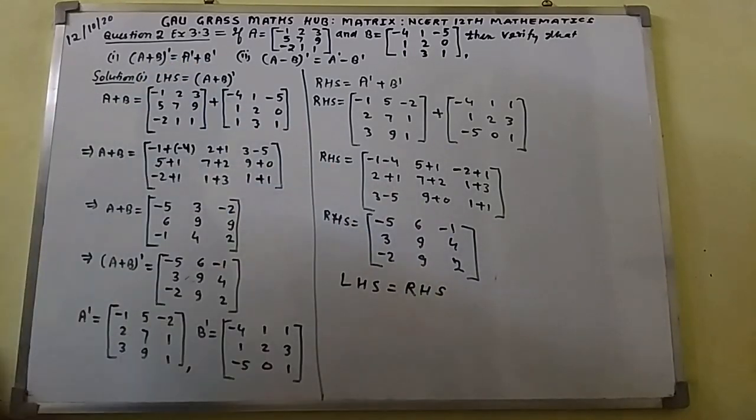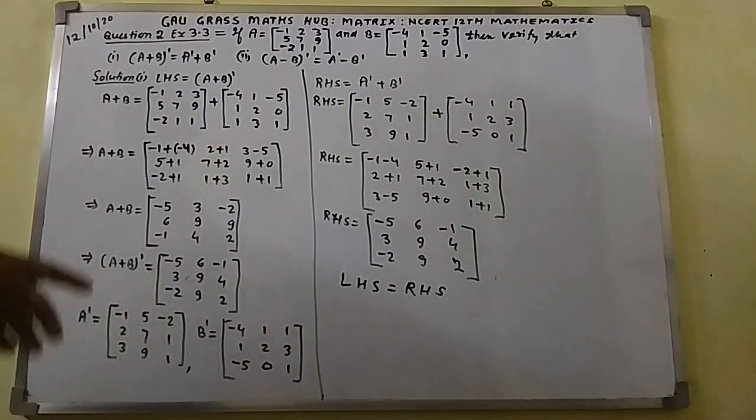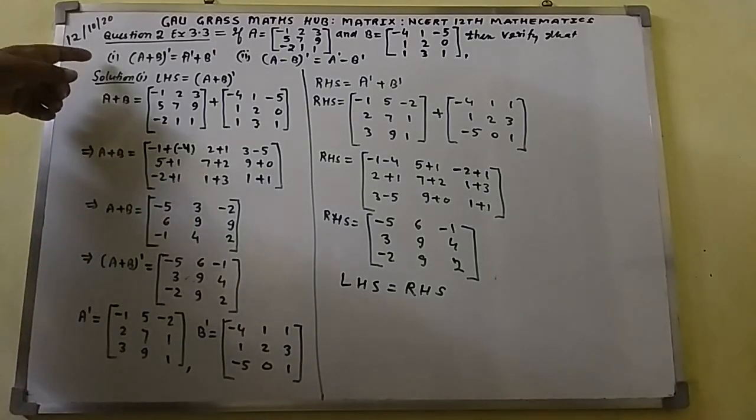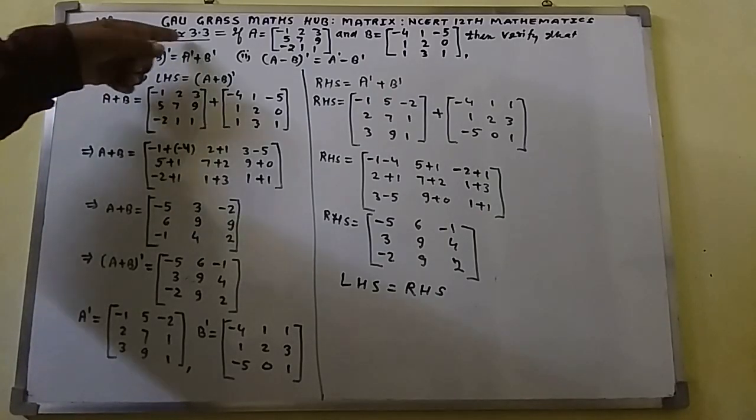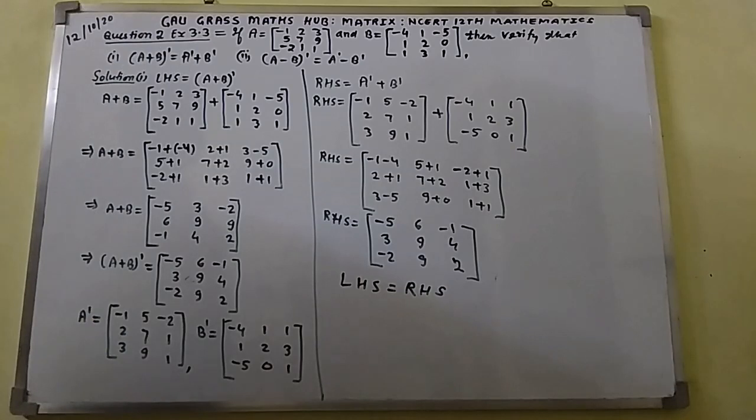LHS and RHS both are equal. So this is the complete solution of question number Roman 1 of main question 2, exercise 3.3, chapter 3, Matrix, CBSE class 12 mathematics.